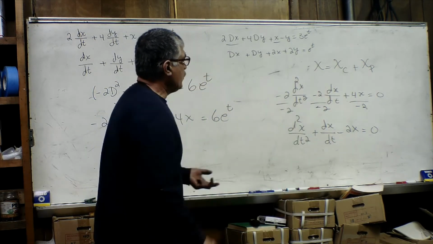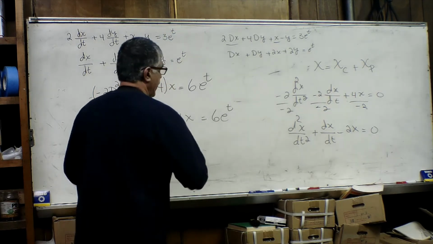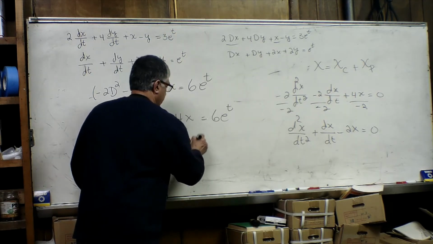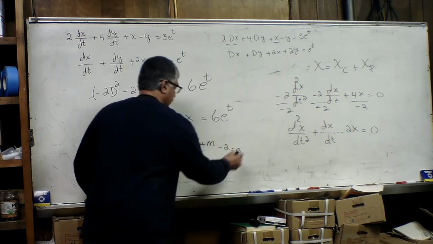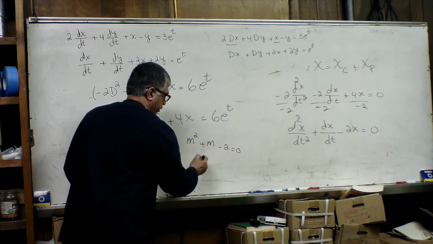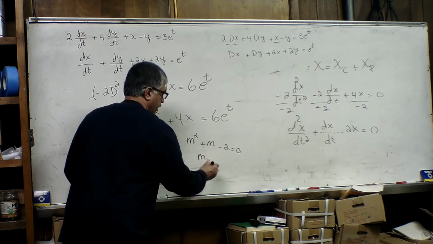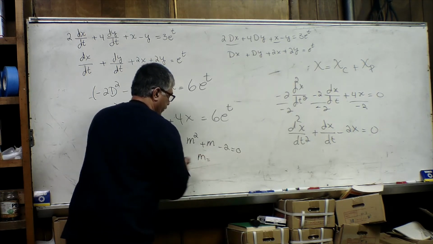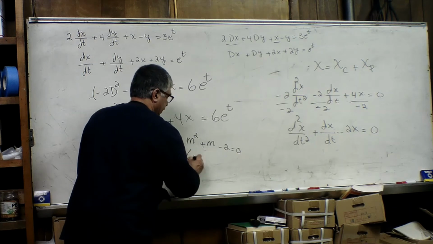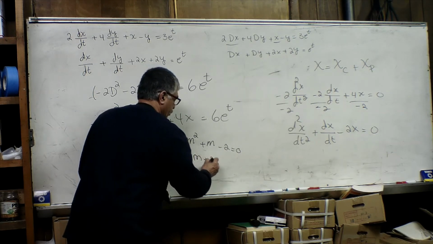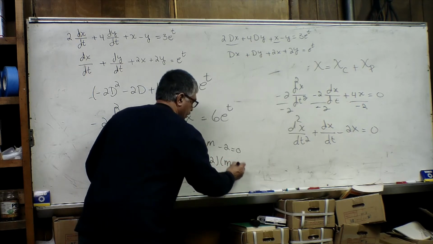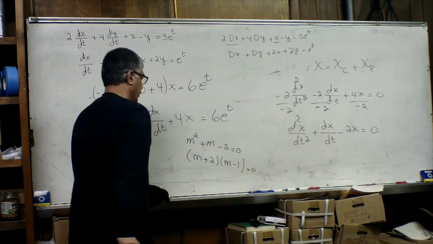So we can use the auxiliary polynomial and write that as n squared plus n minus 2 equal to 0. From here, we can factor this as (n plus 2) times (n minus 1) equal to 0.